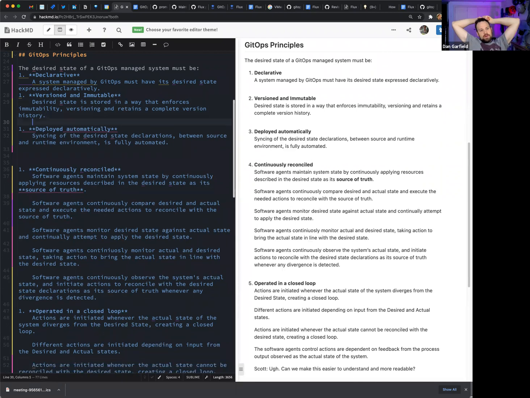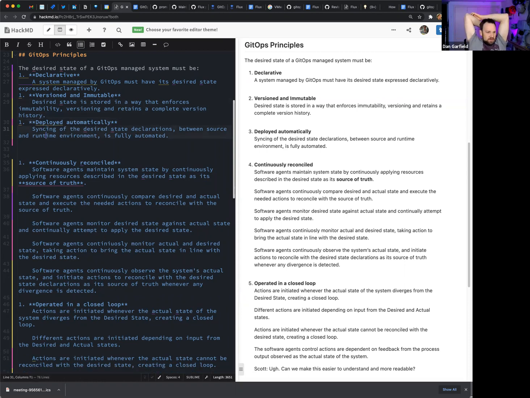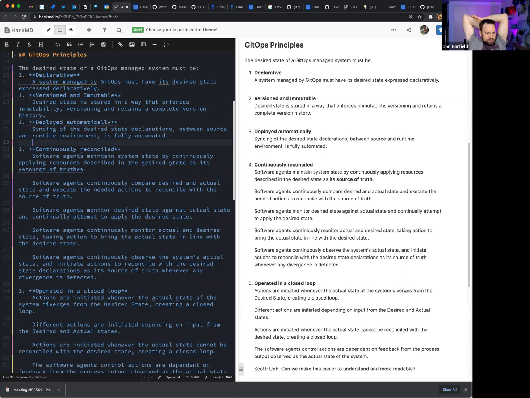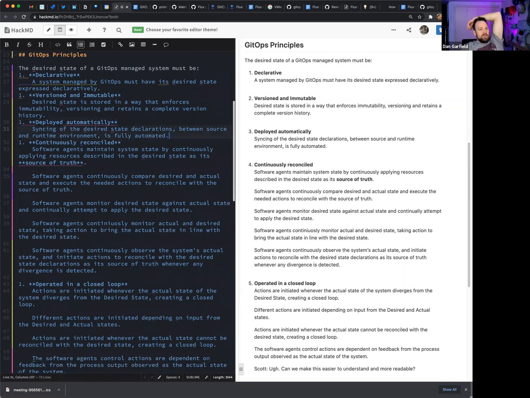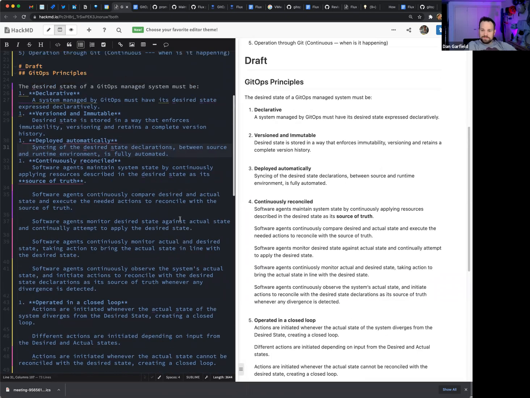So the behavior of saying that the source of truth is there, we kind of reinforce it even a little bit with operated in a closed loop, to some degree. And from a tactical perspective, I think 5 principles fit in most people's short-term memory better than 6. Once it's more than one hand's worth of principles, it becomes difficult. That's so true.